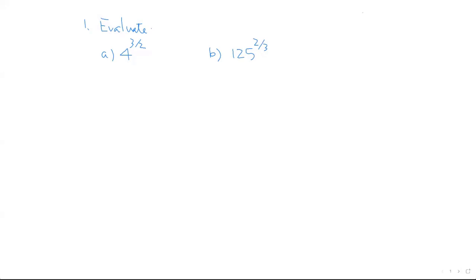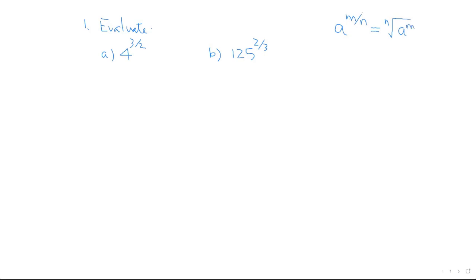If you see an expression raised to m over n, this means the denominator n is the index of the radical, the nth root of a raised to the mth power.